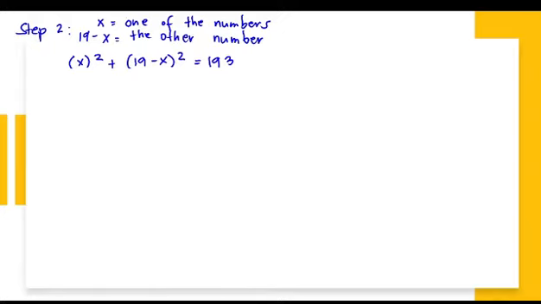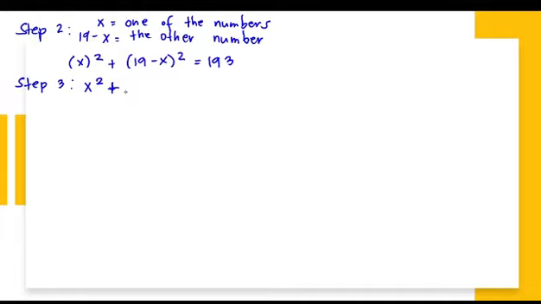So, pag may equation na, proceed na tayo with step 3. Carry out the plan. So, simplify lang natin yung equation. So, that will be x squared. Tapos, ito, convert lang natin into a perfect square trinomial.